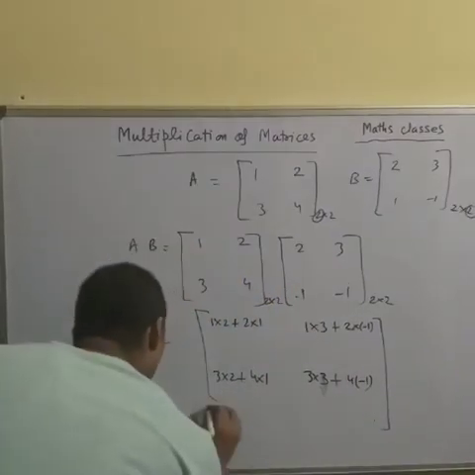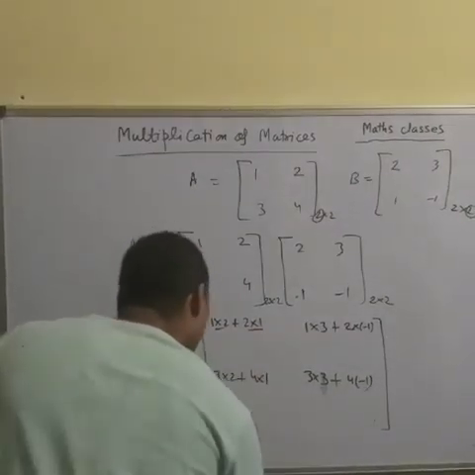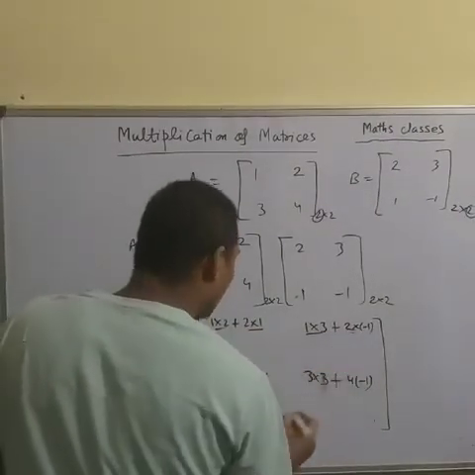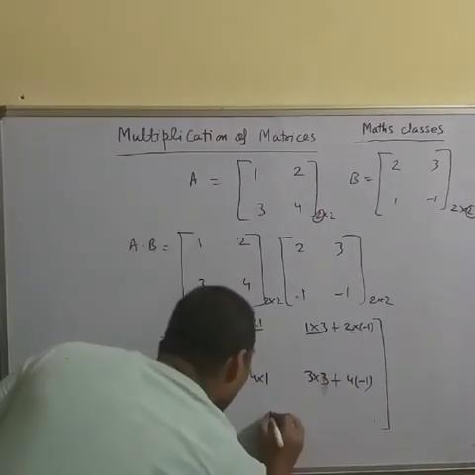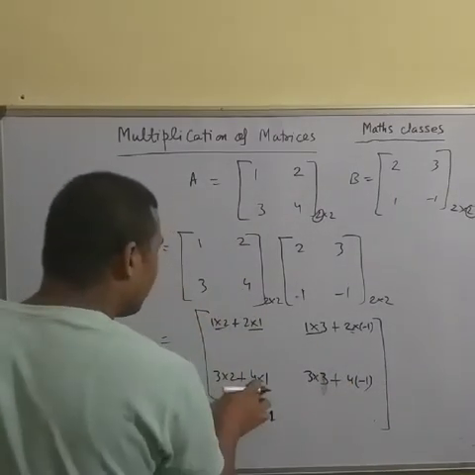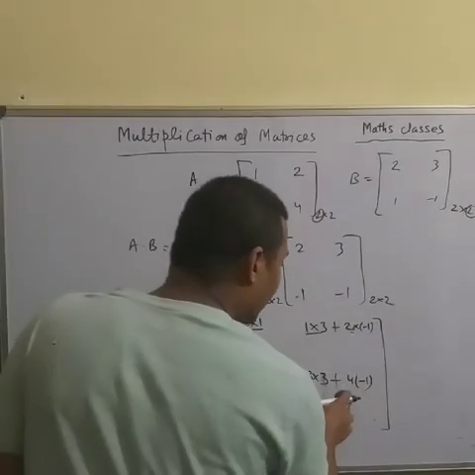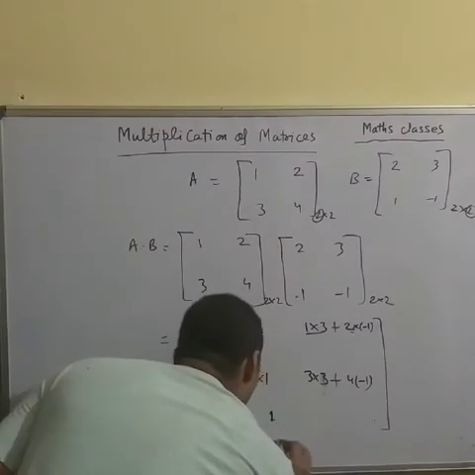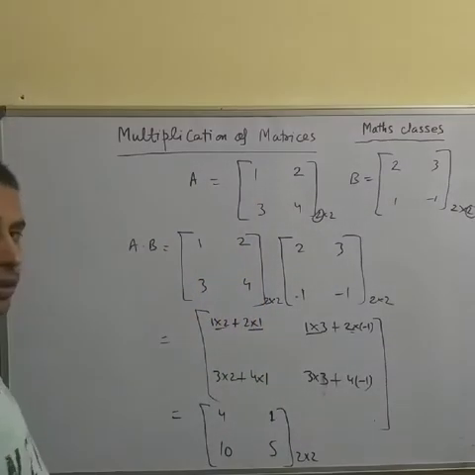What is your answer? This is 2 plus 2, 4. This is 3 minus 2, 1. This is 6 plus 4, 10. This is 9 minus 4, 5. What is the order? The order is also 2 cross 2.